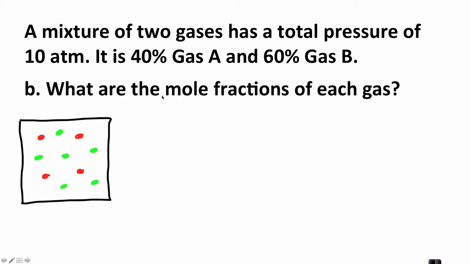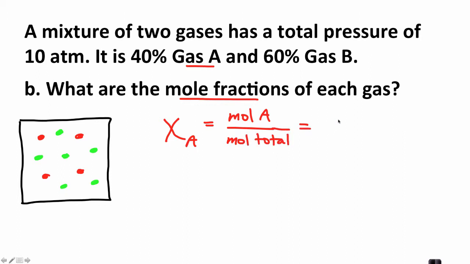Okay, so the next part is, what are the mole fractions of each gas? And mole fraction is what it sounds like. It's the fraction of the whole, that is, in this case, let's say gas A first of all, but we do things on the basis of moles. So for gas A, mole fraction, which we often symbolize by the Greek letter chi, the mole fraction of A is the moles of A over the moles total.